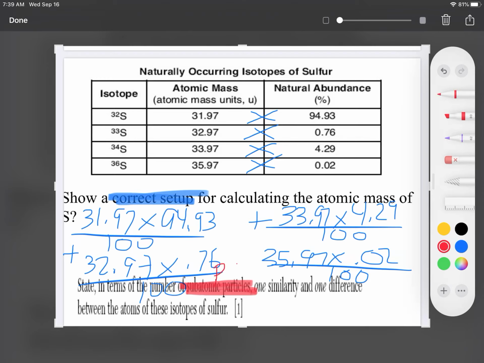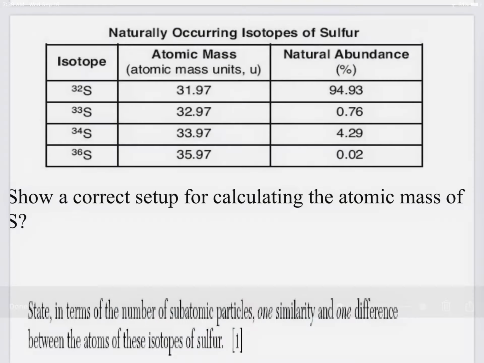PEN is short for proton, electron, neutrons. What's similar, what's different? What's similar? We said same protons, different neutrons. And that's it.